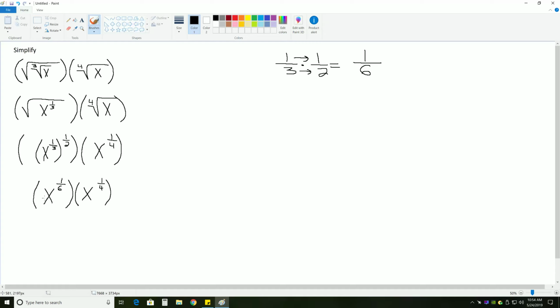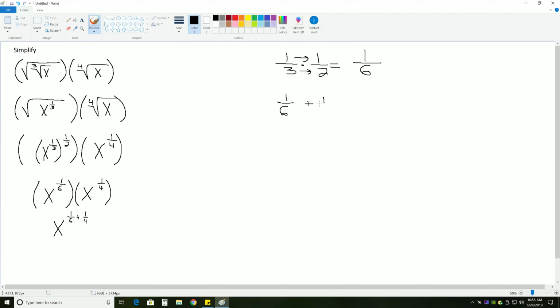But because they're both x, we can apply one of our exponent properties that says just add the exponents and keep the base. So we get x to the 1/6 plus 1/4. And now again, we need to simplify those fractions, which we'll do off to the side.